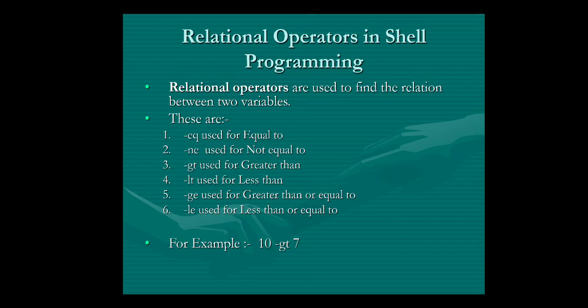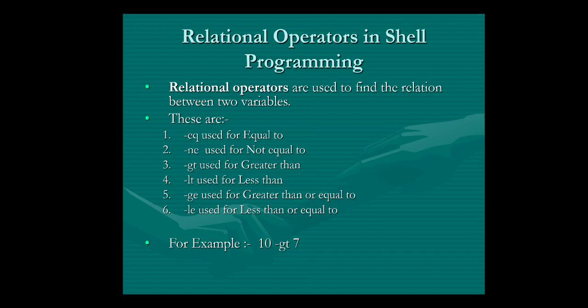We know that in any computer programming language, relational operators are used to find the relation between two variables, or we can say we use relational operators to compare numeric values. Here comparing is in terms of greater than, less than, equal to, not equal to, greater than or equal to, or less than or equal to.